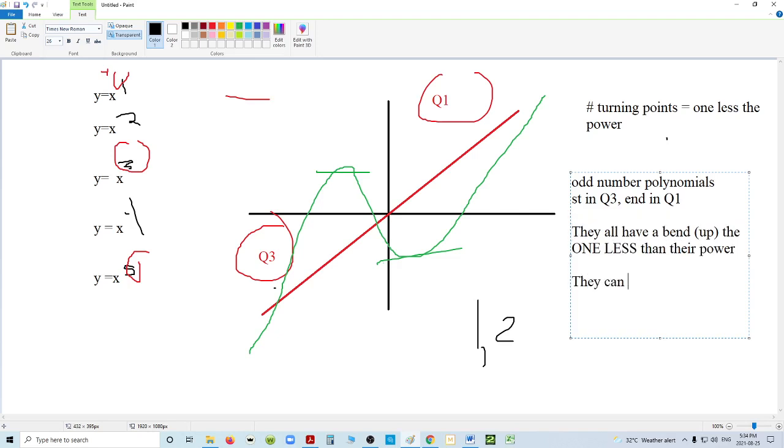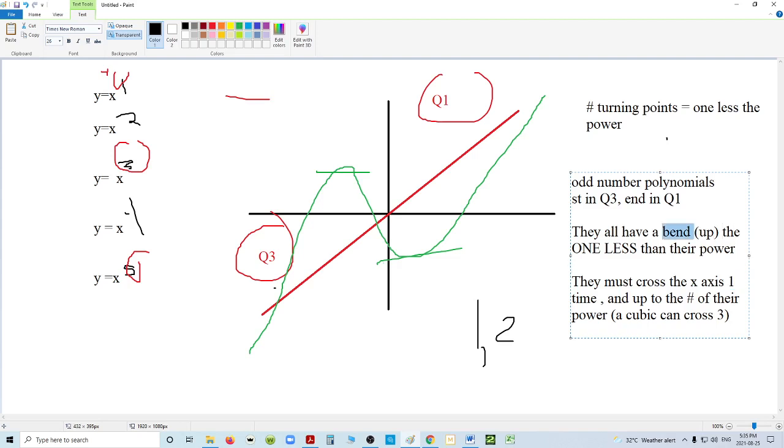They must cross the x-axis 1 time at least, and up to the number of their power. So a cubic can cross 3 times. And this is important. It's slightly different than evens. Evens don't have to cross the x-axis, but odds have to cross the x-axis at least once.